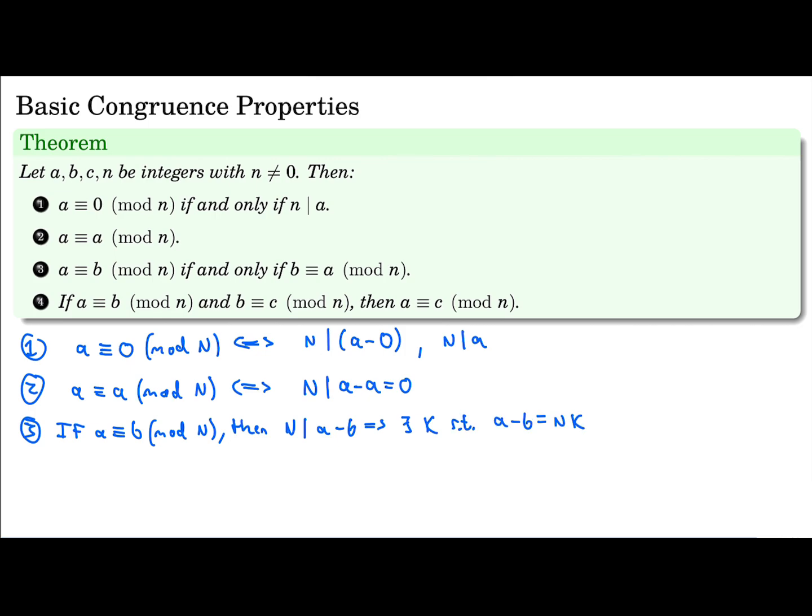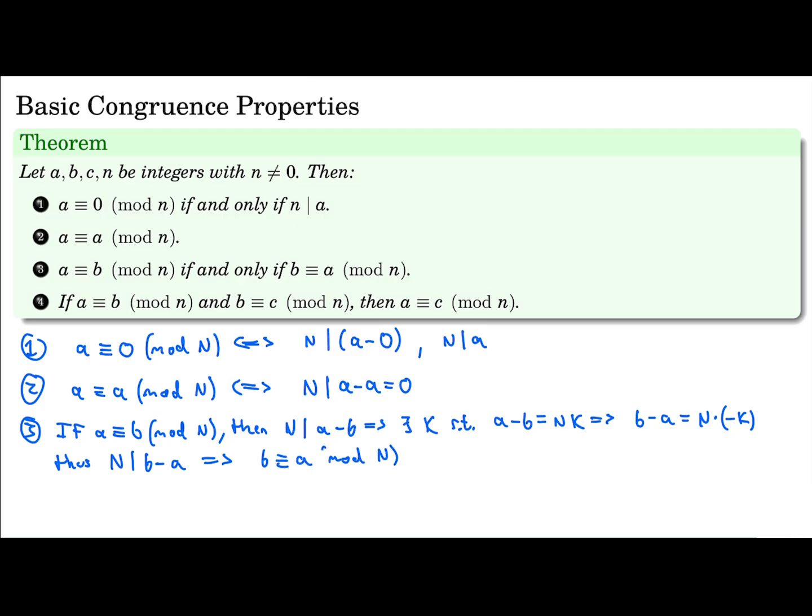But now if you multiply by minus 1, this just means that B minus A is equal to n times minus k. But now again, if B minus A is n times an integer, that means that n divides it. So thus n divides B minus A, which implies that B is congruent to A mod n.